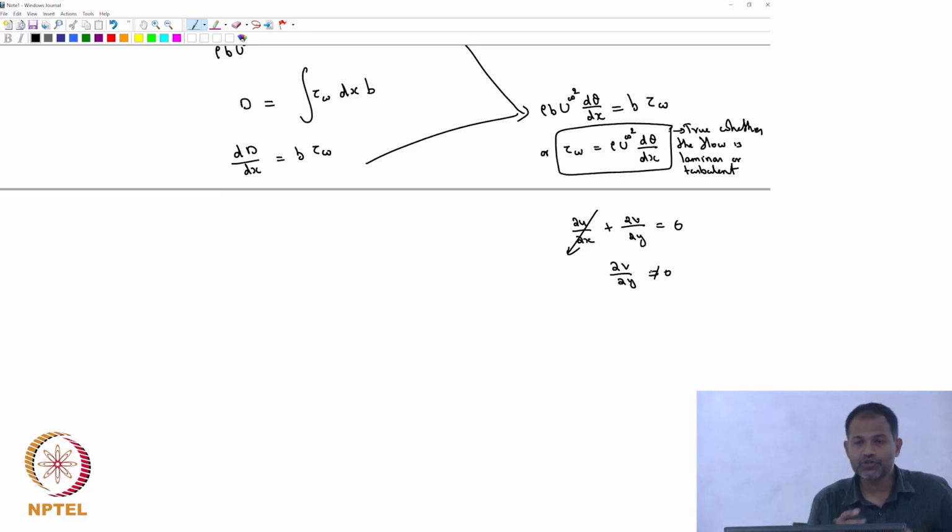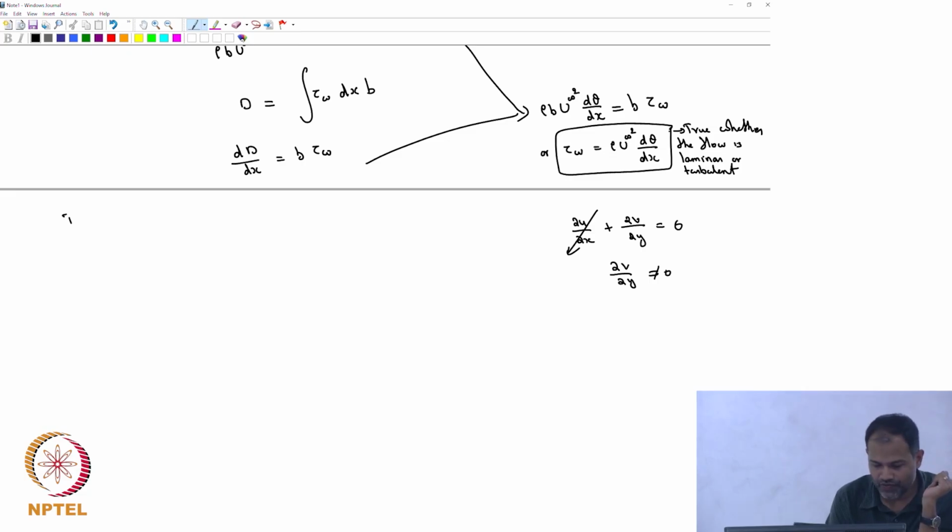Now, what we are going to do is assume that the velocity profile in the boundary layer is quadratic. If you ask why, there is no a priori reason, but what one would see is that it is going to serve well.